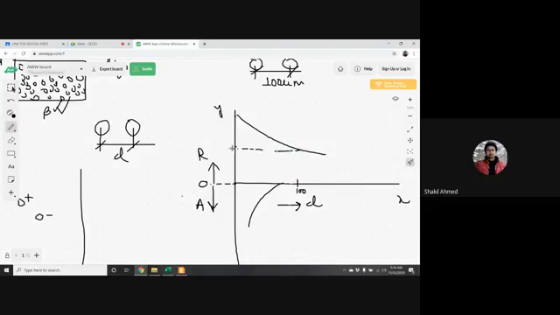The repulsive force will be maybe 50. We don't know the unit, I'm just writing it 50 units.